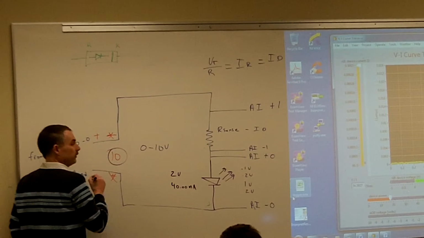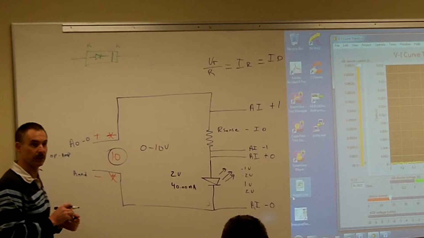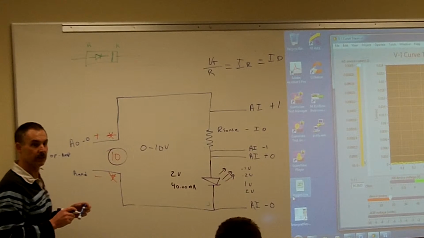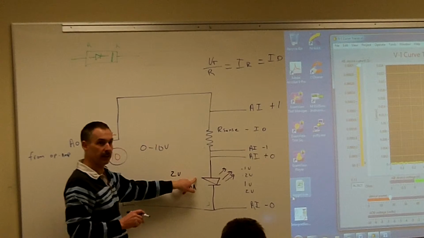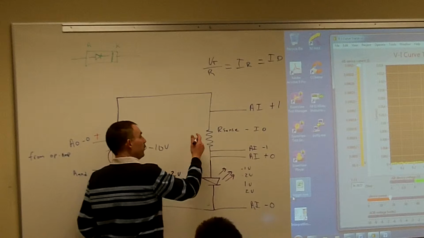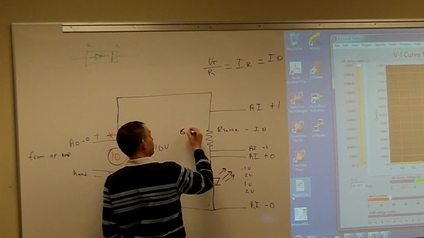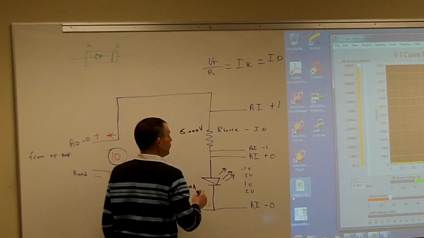How much voltage is going to drop across my sense resistor? The remainder. Yeah, 8 volts. It's going to drop the remainder amount. The LED is always going to take its voltage first. It's always going to drop its 2 volts, and then the remainder is going to drop across the sense resistor, and that's going to be 8 volts.